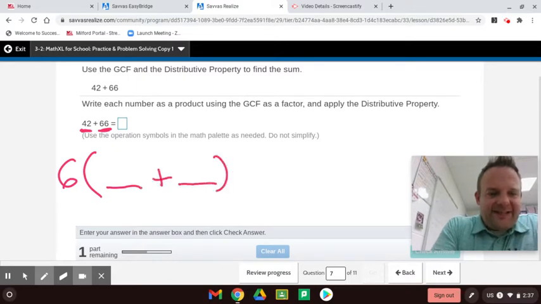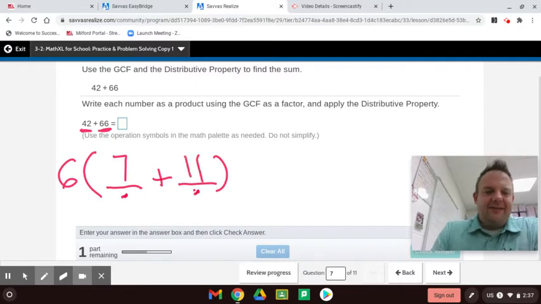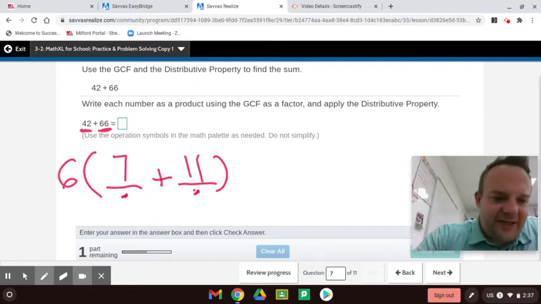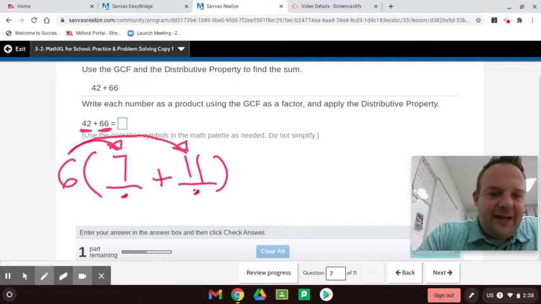Okay. 6 times what is 42? 7. 6 times what is 66? 11. So this is the distributive property. You see, 6 times 7 is 42, and 6 times 11 is 66. So that's what they're looking for.